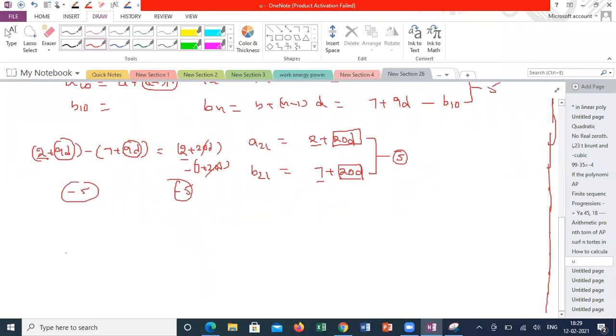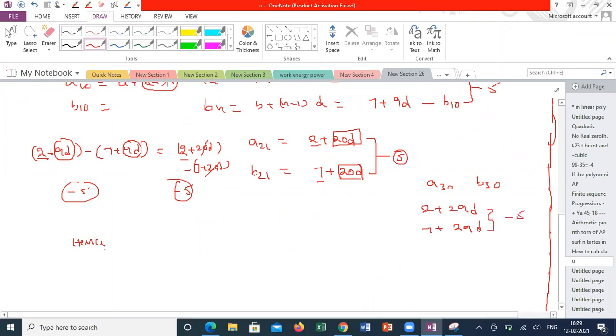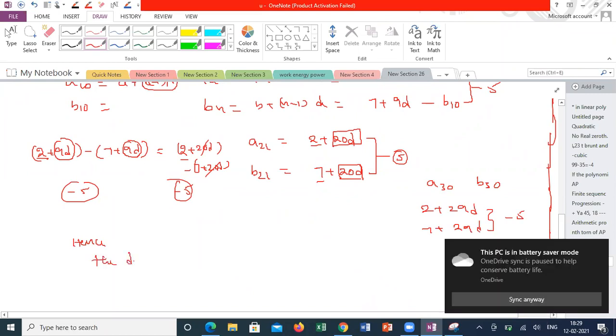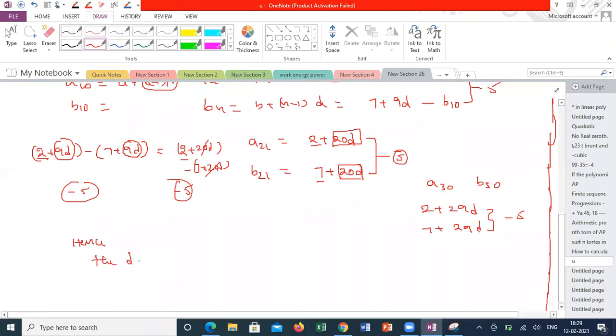That is the reason you have to mention here. Hence, even if I take A30 and B30, I will get the difference as 5. Simple. 2 plus 29d, and this is 7 plus 29d. Here also the difference is 5. So how can I write it? The difference between any two corresponding terms.